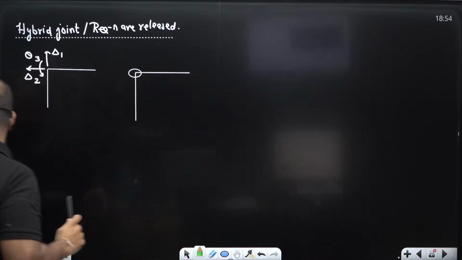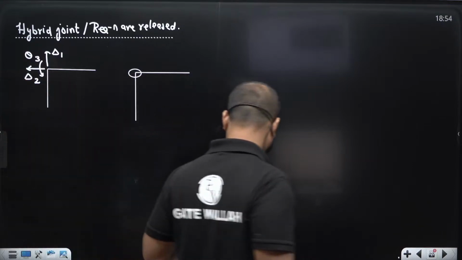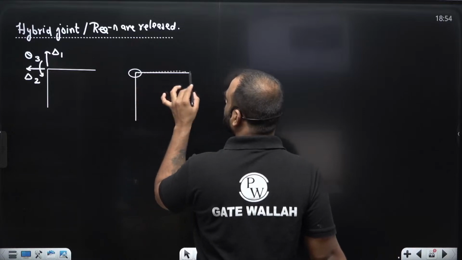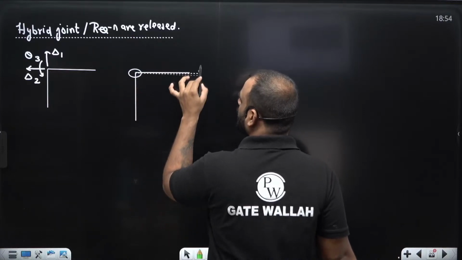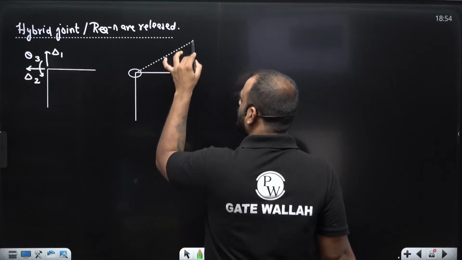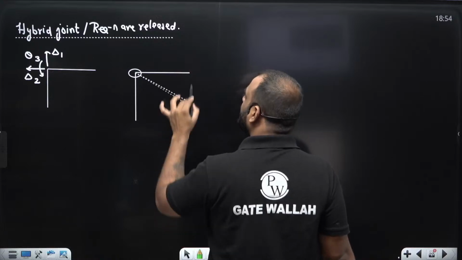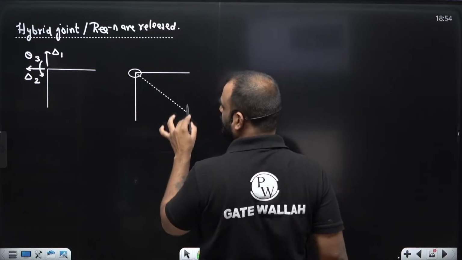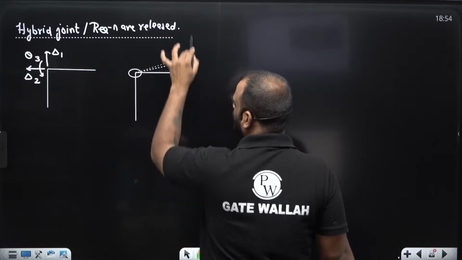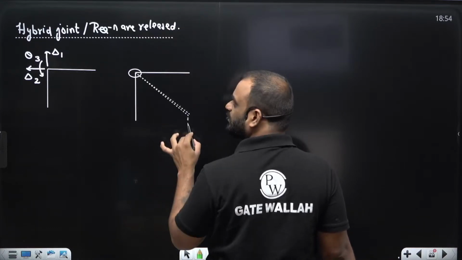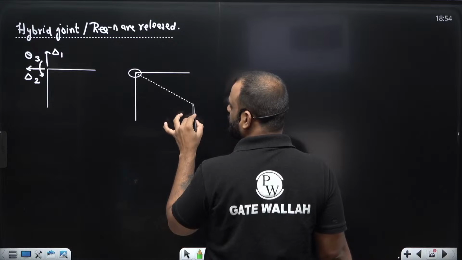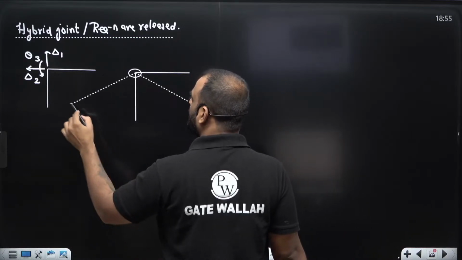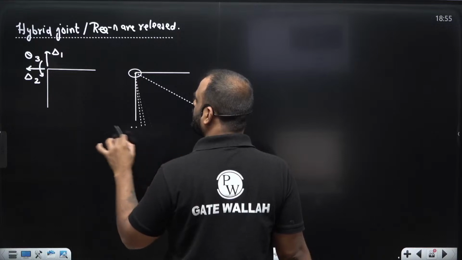Let me show you so that you can understand it. In this particular case, this member can make an angle theta independently. It is not depending upon the other member, right? It can move any value of theta. Second thing, this member can also have an independent value of theta, that means theta 2.